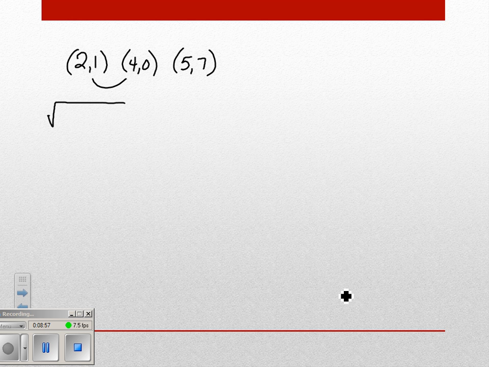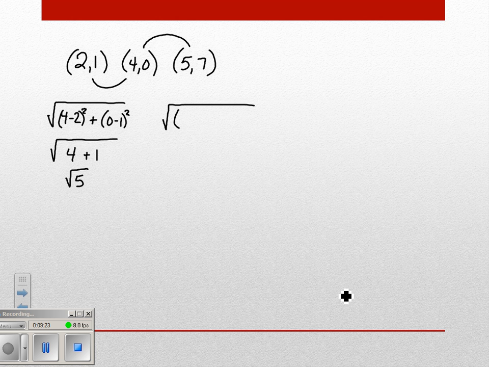So square root of (4 minus 2) squared, those are the x terms, plus (0 minus 1) squared is the square root of 4 plus 1, or the square root of 5. All right, so that's one distance. Now let's find the distance between the second and third point.